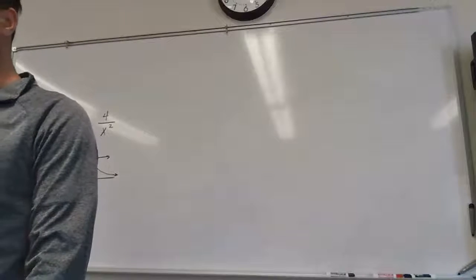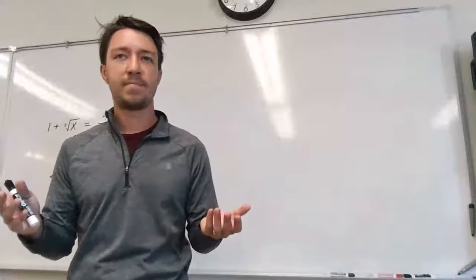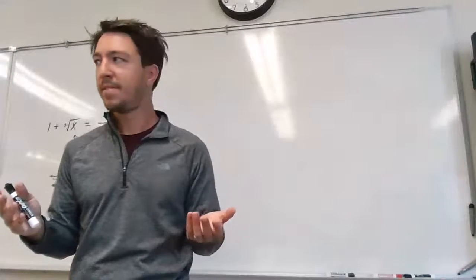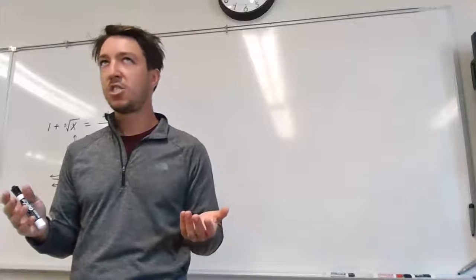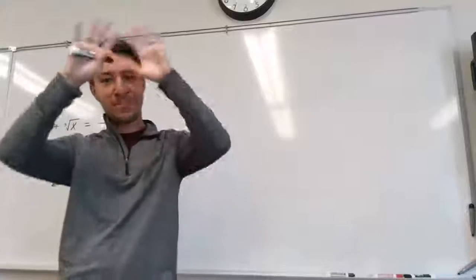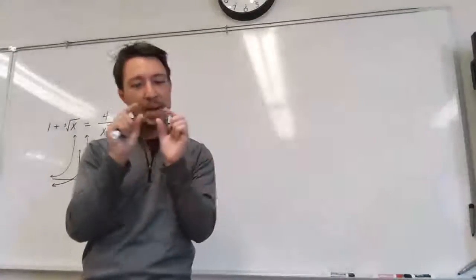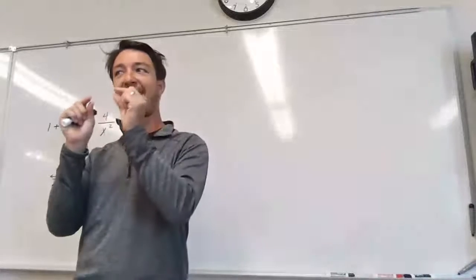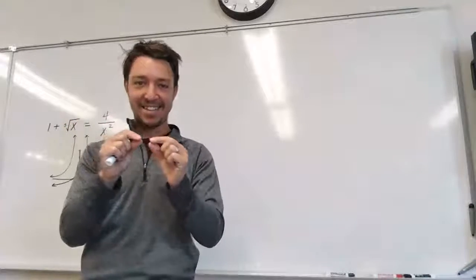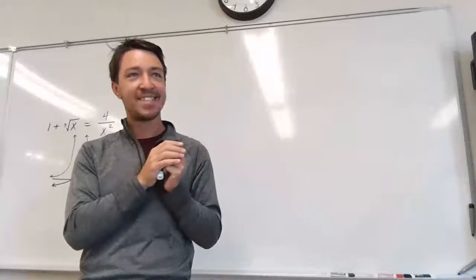I'll give you a hint if you're stuck at all. If a pair of numbers x and y have squares that add up to 9, then where do they live? Thinking visually here. If x squared plus y squared equals 9, then every pair x, y lives on a circle, right?